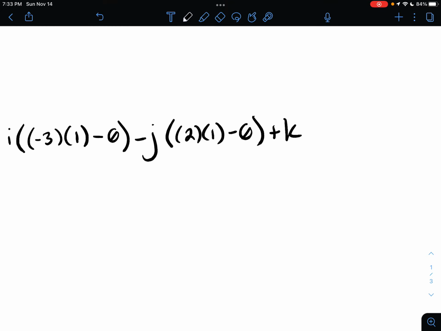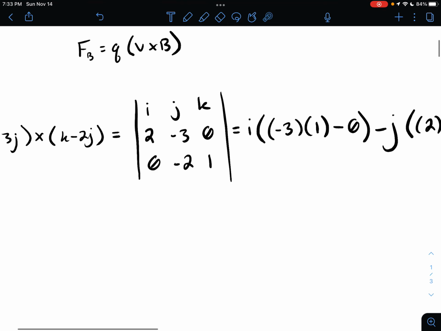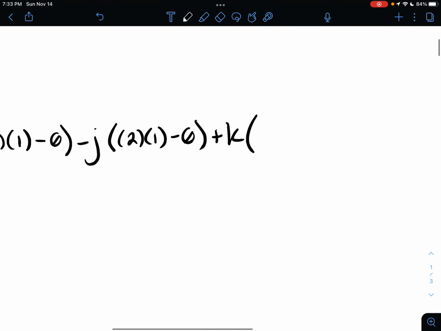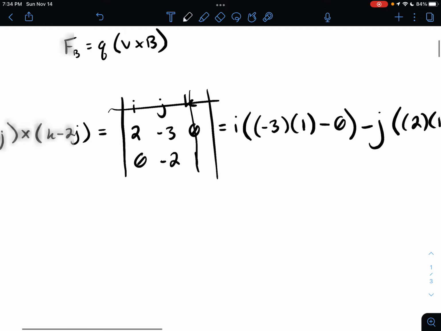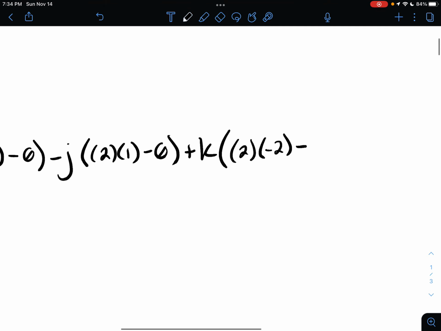Plus K is our third term, across the top. Plus K, cross it off, 2 times -2, minus -3 times 0, which is just going to be 0 again, right?